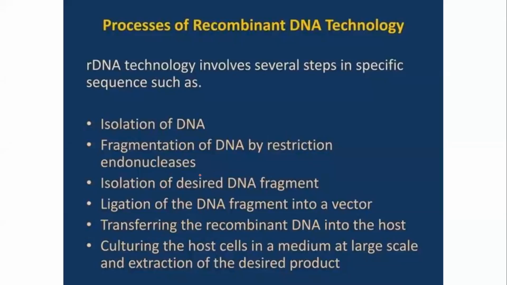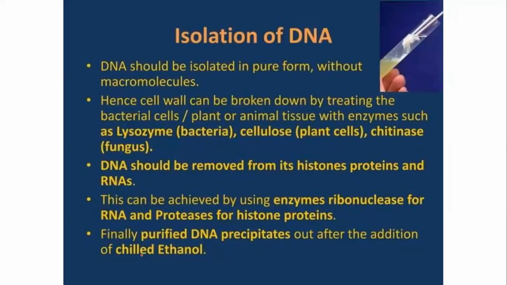So again, we are revising the rDNA technology processes: isolation of DNA, fragmentation of DNA by restriction endonucleases, isolation of the desired DNA fragment, ligation of the DNA fragment into a vector, transferring the DNA into the host, culturing the host cells in a medium at large scale, and extraction of the desired product.